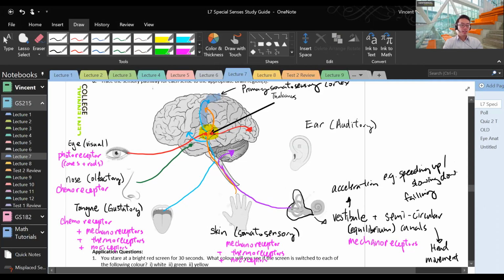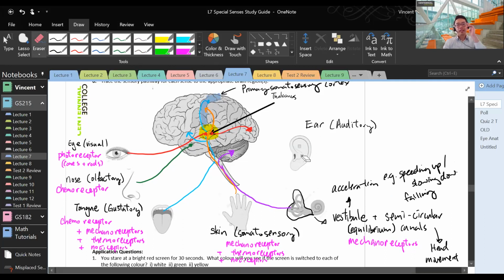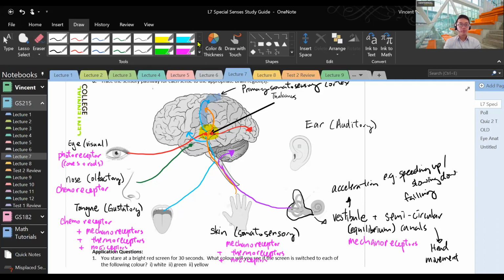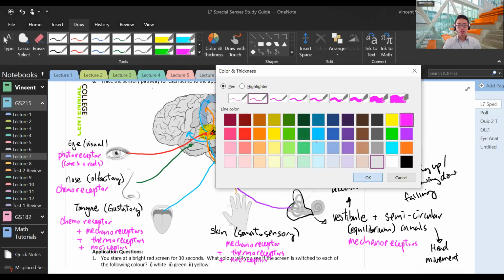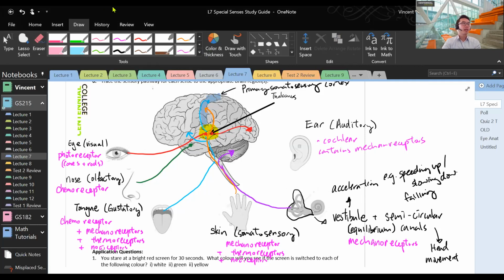What kind of receptors will there be in the ear for the cochlea? Cochlea contains mechanoreceptors as well. Yeah. Thank you, Safi.